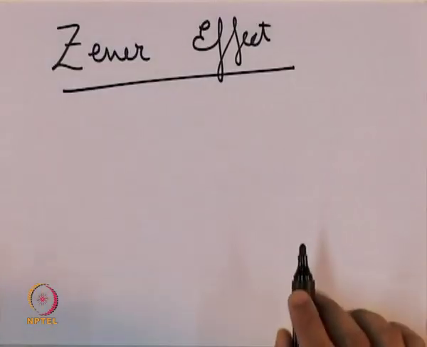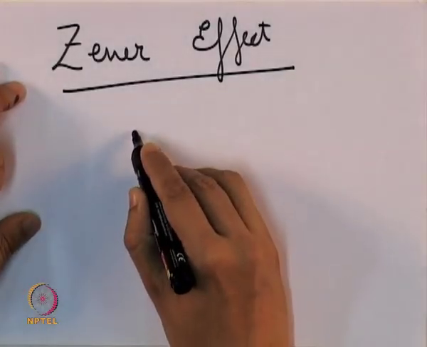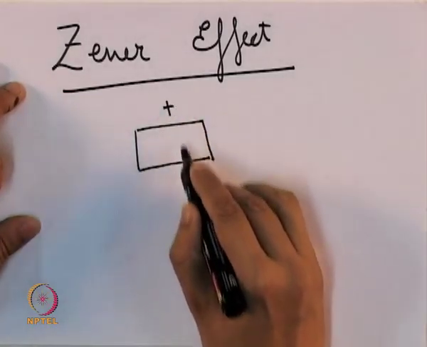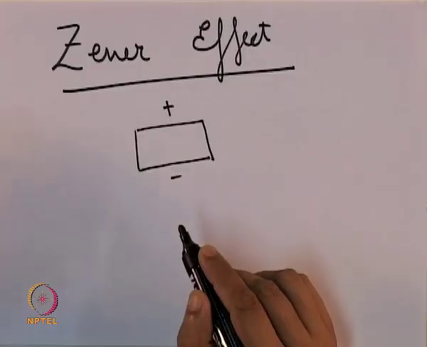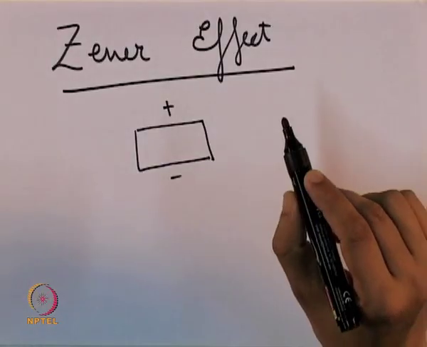First of all, we have to understand that the Zener effect is what is known as a quantum effect. Usually when any material is subjected to high voltages, at a certain high voltage it will break down.